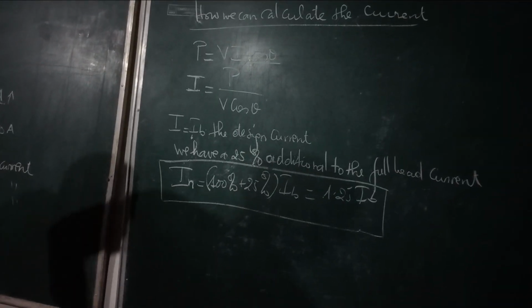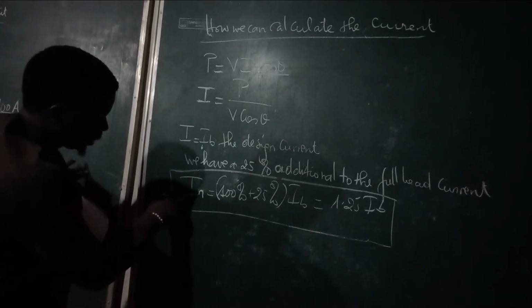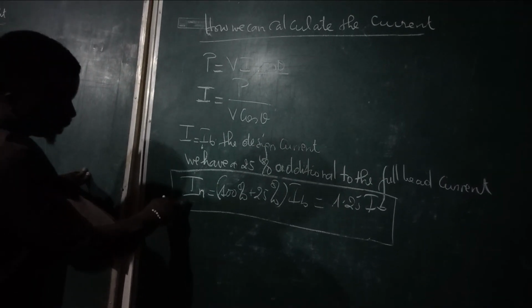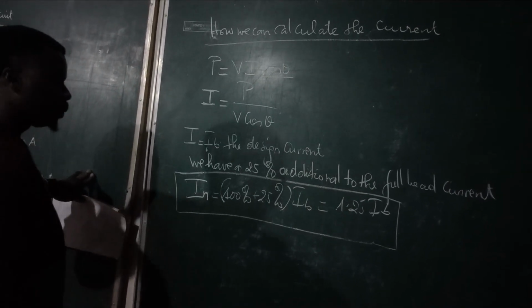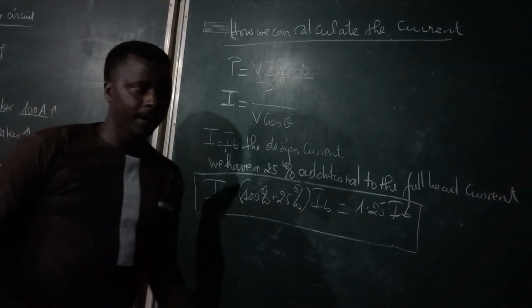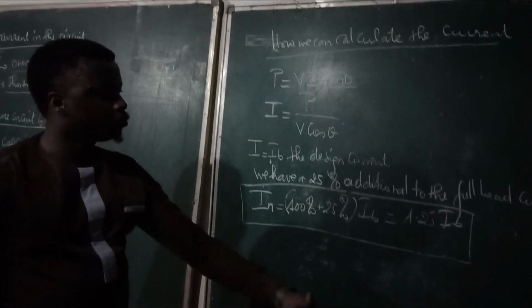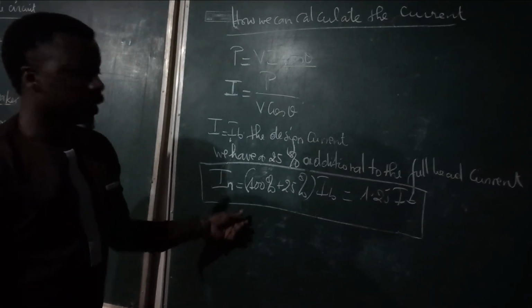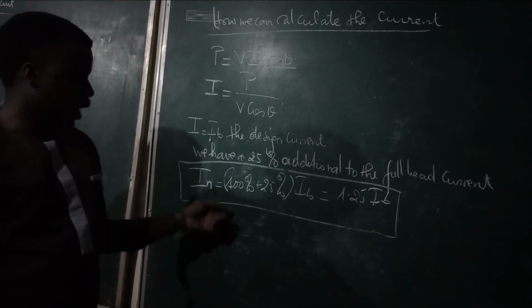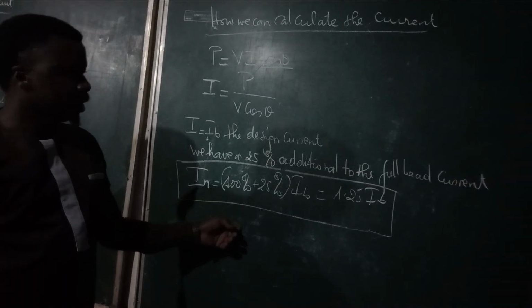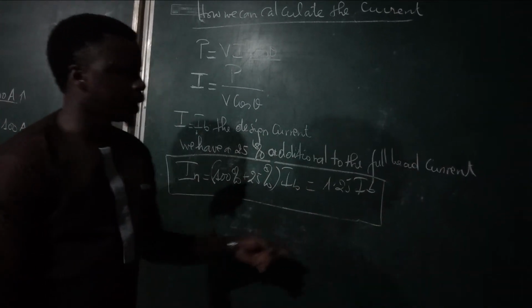But now, what current will pass? It no longer passes in air; it has something to carry. Which one? We have to look at the cable. So as we protect the circuit, this current is passing through the cable.